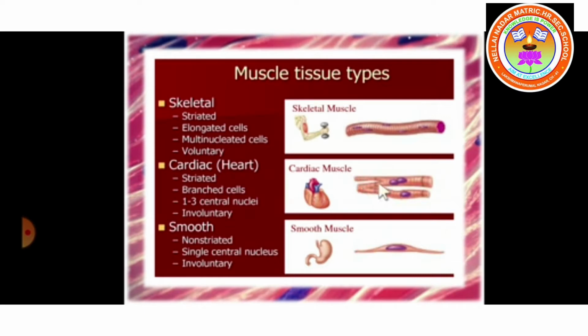Here you can see the branched cells. One to three central nuclei are present in each cell and they are involuntary in function. Coming to the smooth muscles, they are non-striated muscles. They have a single central nucleus and they are involuntary in function.